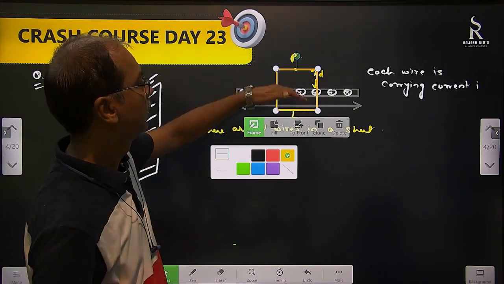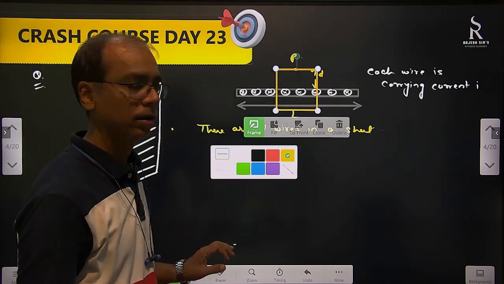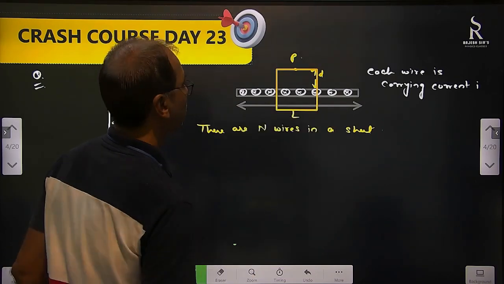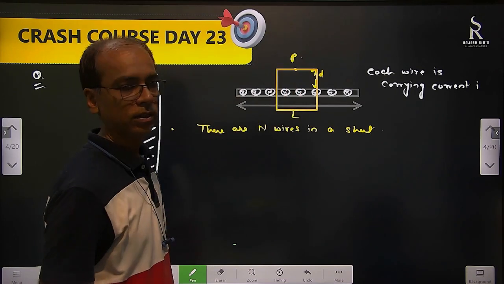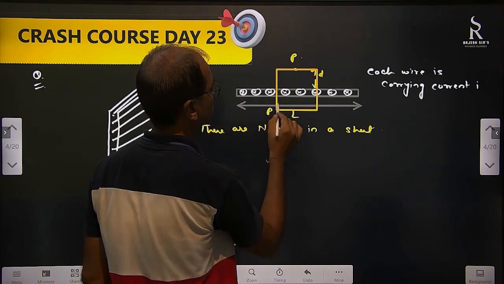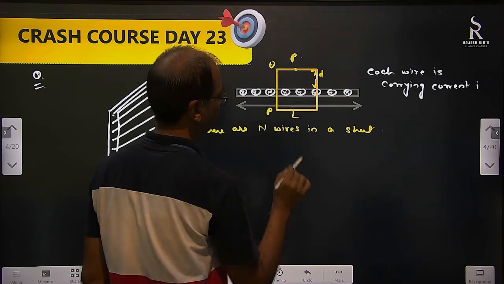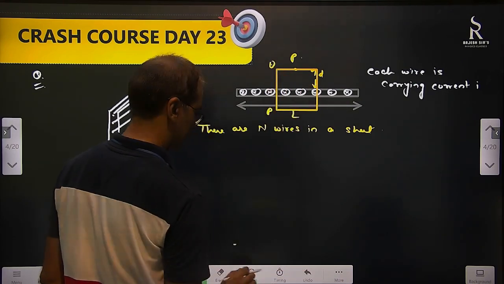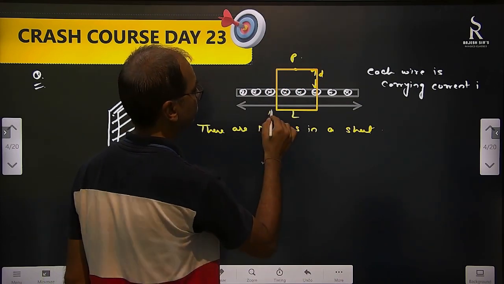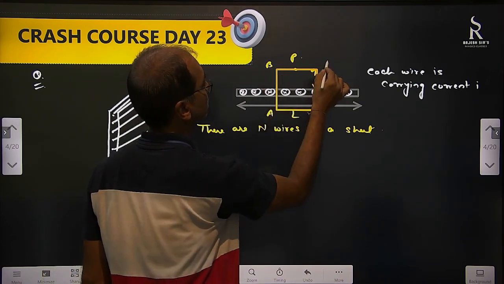Here also field is there, here also field is there. Now name them. Let's say this is A, this is B, this is C, and this is D.